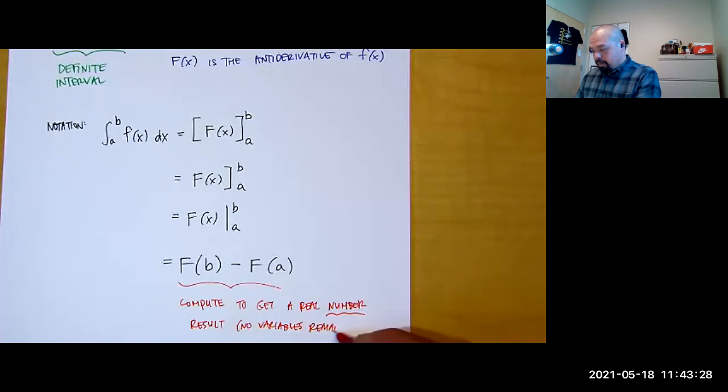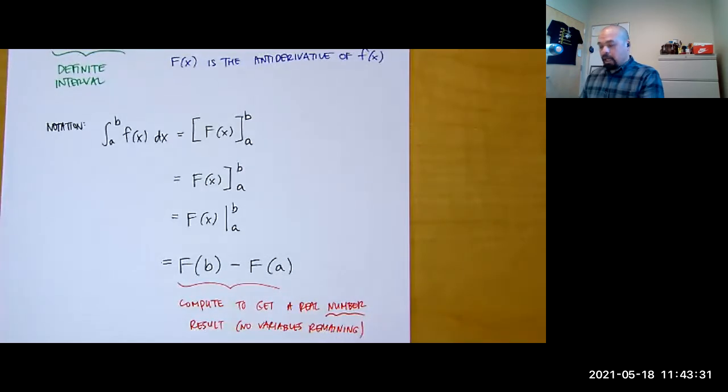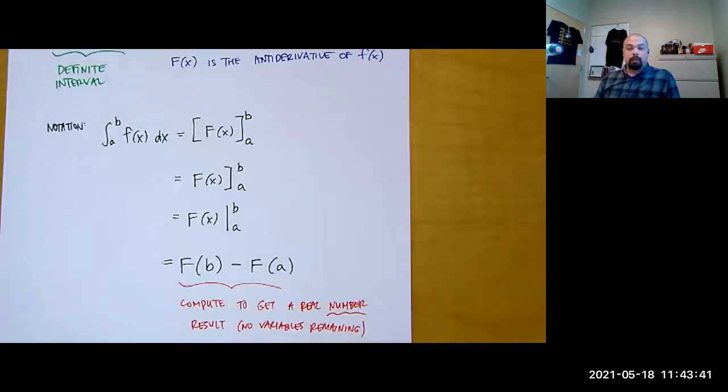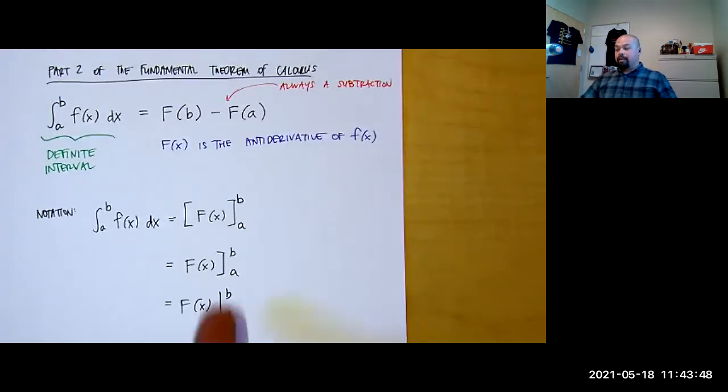We're plugging in and computing. And we might get an exact value. You might have like a pi and e to the second power. I'm not going to compute the long decimal, but a real number that if I wanted to punch into a calculator, I can get, but no variables. And as we see, the real work is looking for that antiderivative.